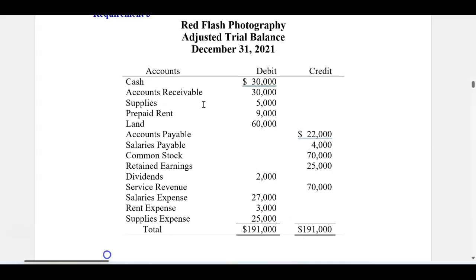Anyway, in case you want to prepare financial statements, you look at this area, revenue and expenses right there, and you create your income statement. The rest of the information over here that is not highlighted goes into the balance sheet.